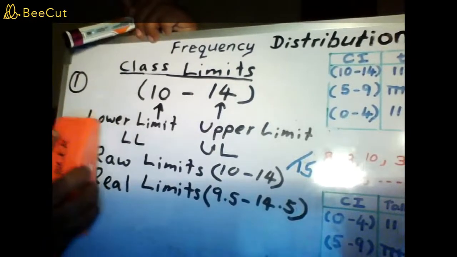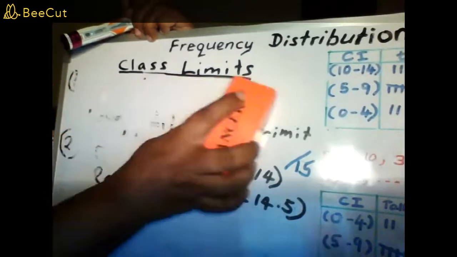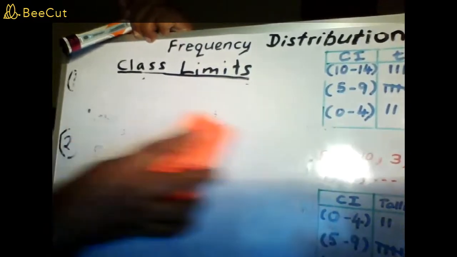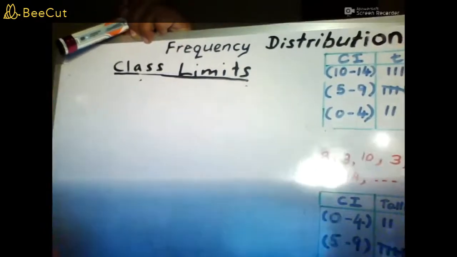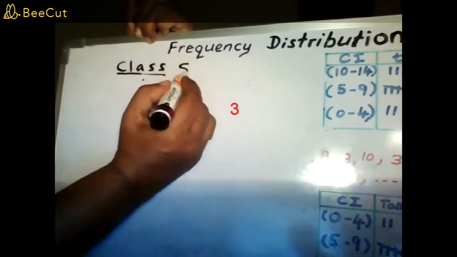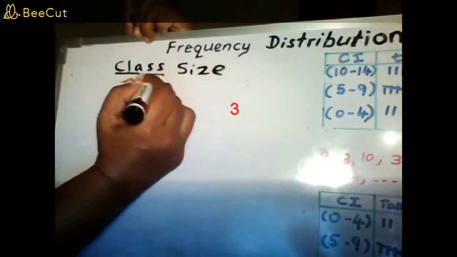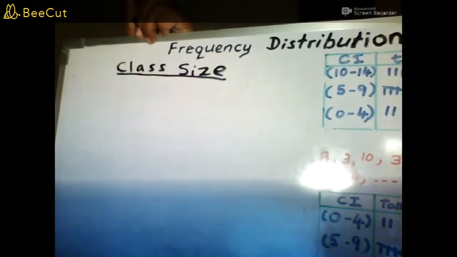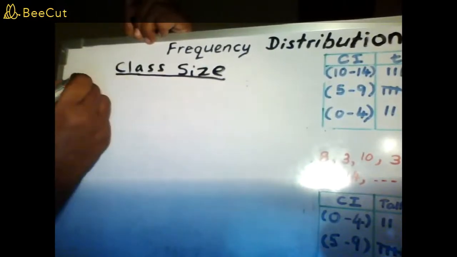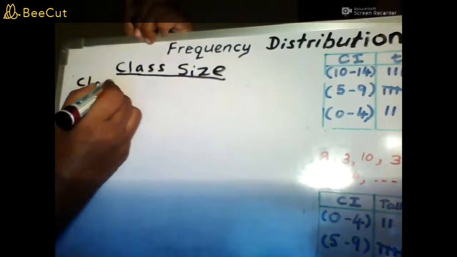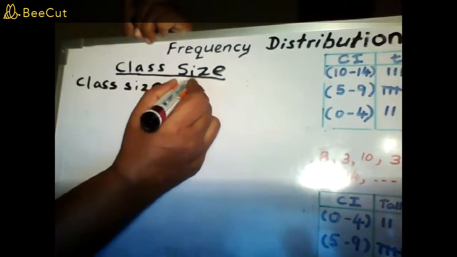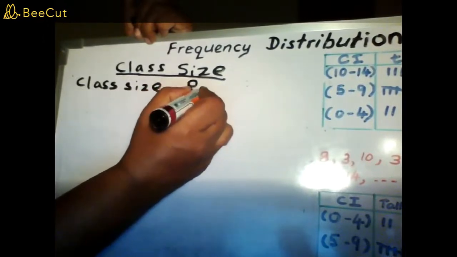Next one is the class size. Class size. Now we'll take the class size for row limits.